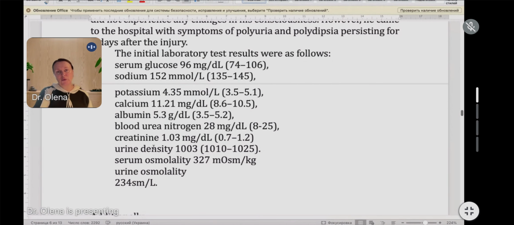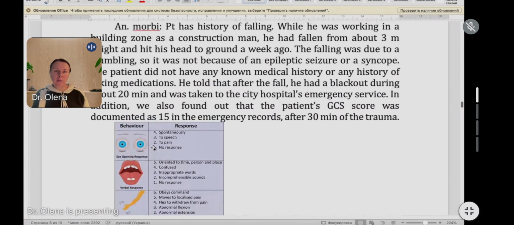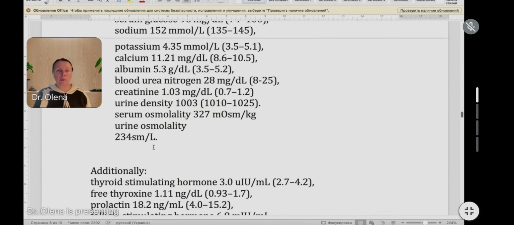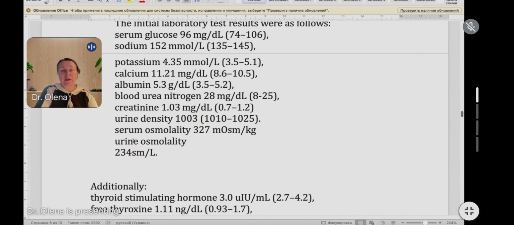Patients with kidney insufficiency typically have decreased specific gravity, but our patient has very low urine density, 1003, but at the same time, he has a little bit increased level of creatinine, and blood urea nitrogen is a little bit increased too. So it isn't correlated to each other.